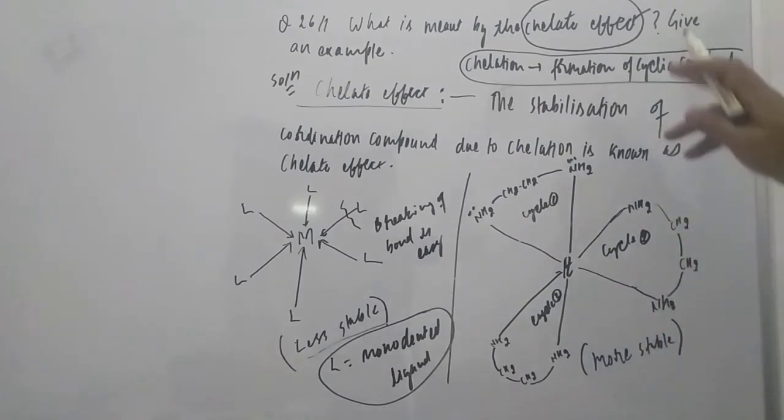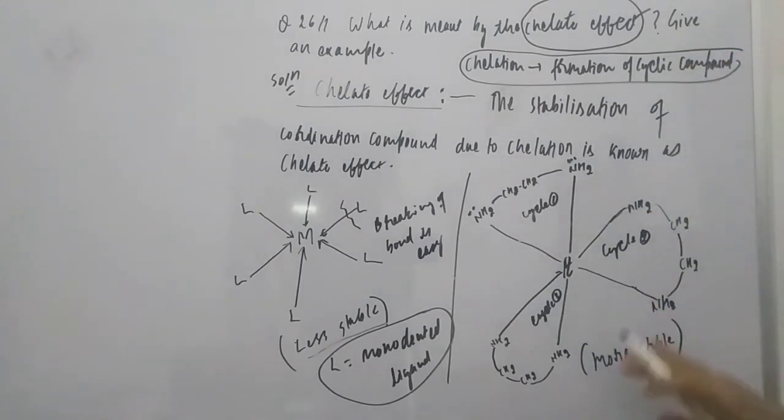So what is meant by the chelate effect, student? Because of the formation of cyclic compound, this complex will be more stable. And what is the ligand? Here is NH2, CH2, here is CH2, and then again NH2. You can see two binding sites are there, two nitrogen atoms.